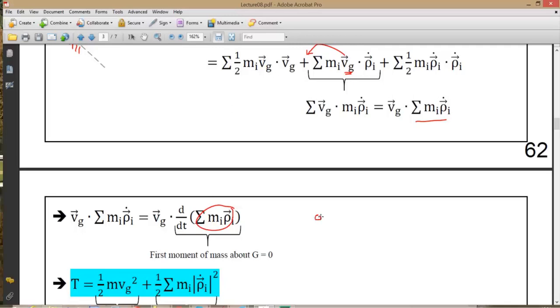Let me just show you a simple example. If we have these two particles and their mass center is in the middle, so this is the mass center, and they have the same mass.